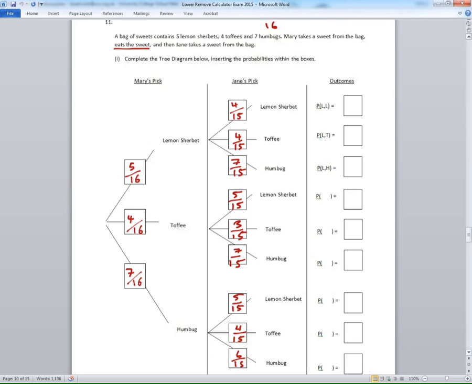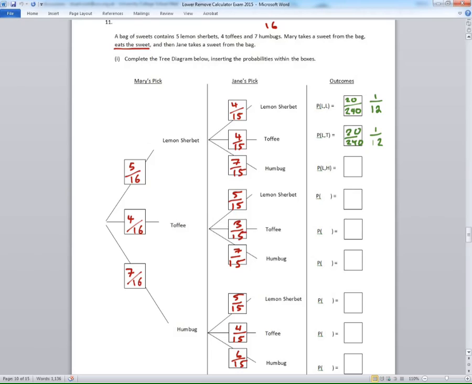Remembering with tree diagrams, we multiply along the branches to find the outcomes there. So the probability of getting lemon sherbet, lemon sherbet is going to be 5/16 times 4/15, which is 20 240ths. You might have simplified this to being 1/12. Probability of lemon sherbet toffee, again, is also 20 240ths, or 1/20th.